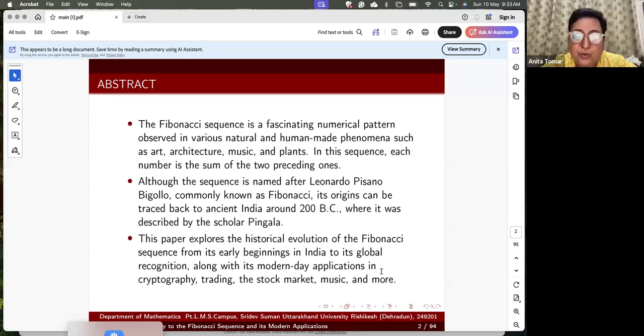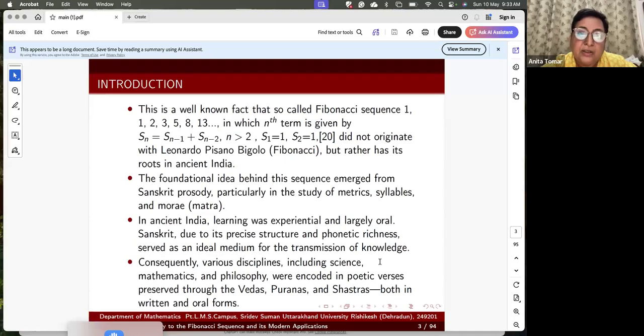Today we explore the historical evolution of the Fibonacci sequence from its early beginnings in India to its global recognition, along with modern-day applications in cryptography, trading, the stock market, music, and many more. We know that the Fibonacci sequence is 1, 1, 2, 3, 5, 8, 13, and so on.